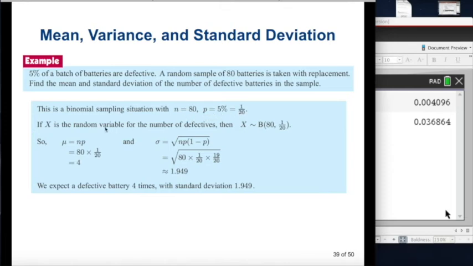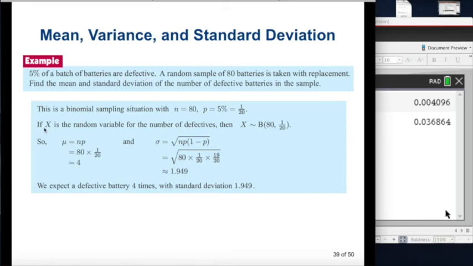Remember the random variable in this case is the number of batteries which are defective. That is the random variable.